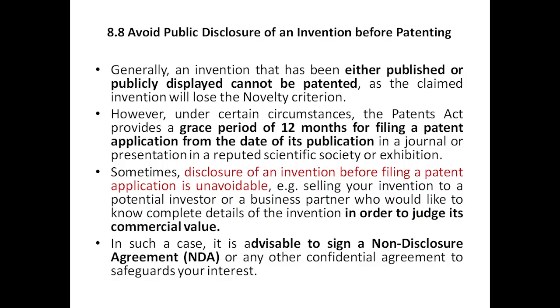Sometimes disclosure of an invention before filing a patent application is unavoidable. Sometimes you have to disclose your information. Why? Because a patent takes 18 months to publish, and from there almost 1 or 2 years again to get a grant. So 3 to 4 years minimum it takes.